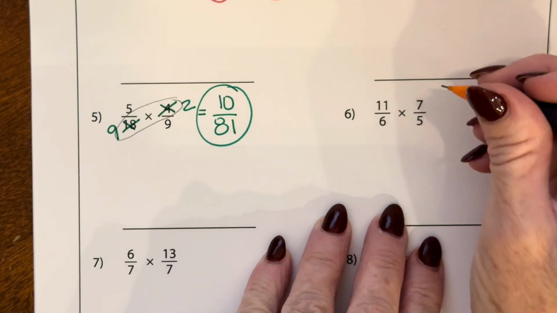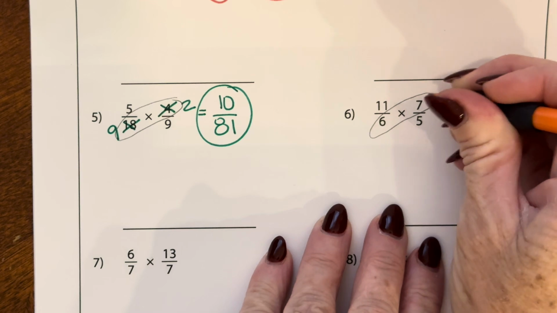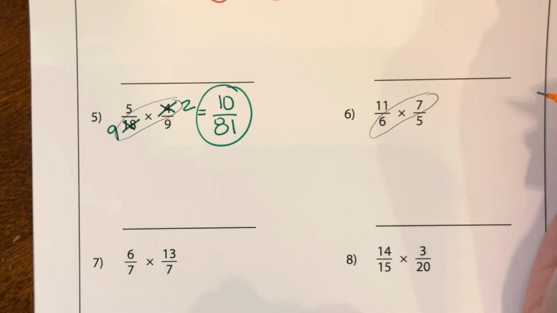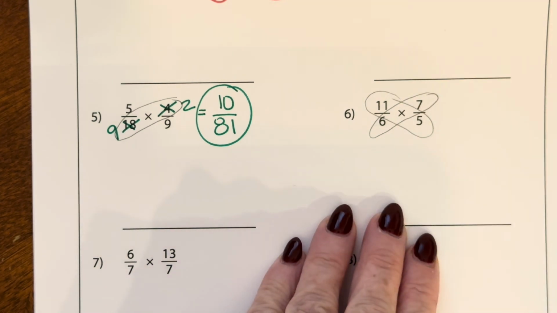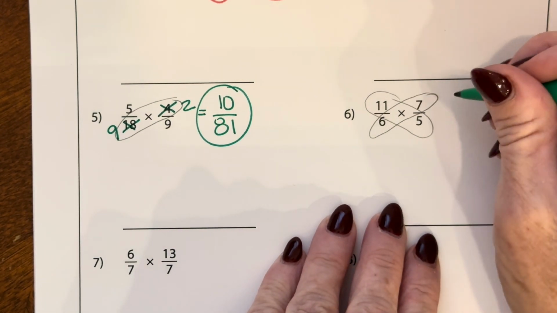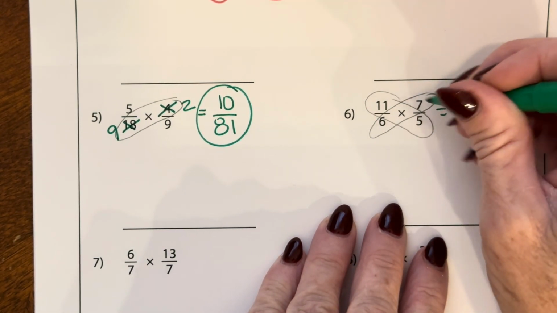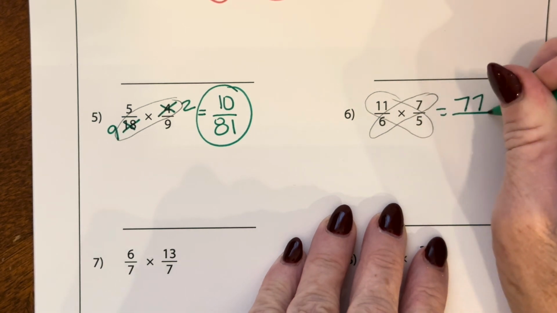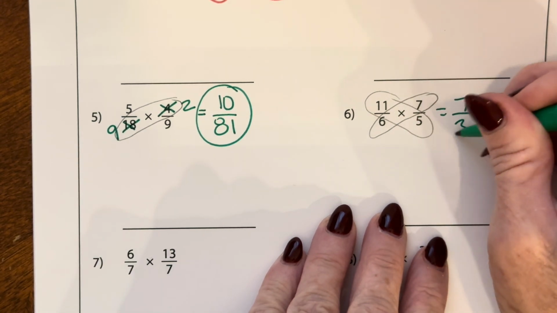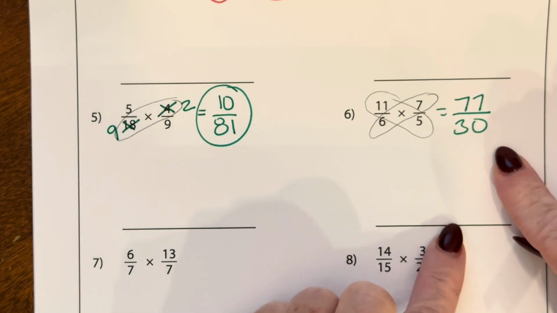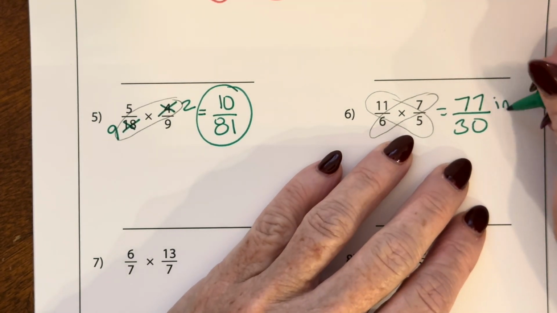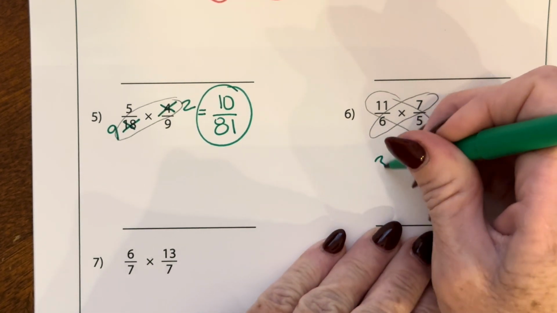Okay, let's check our next one and see if we can simplify. We cannot, and we can't either. So we just have to multiply straight across. So I'm getting 11 times 7 is 77, and 6 times 5 is 30. Okay, this is a greater than 1 fraction. So let's use in and out to help us.